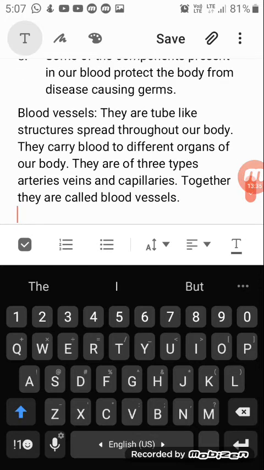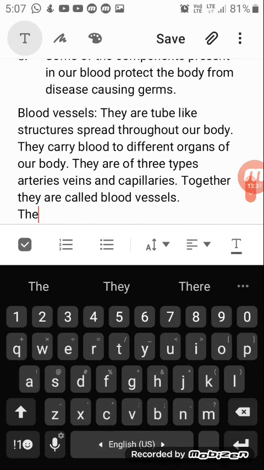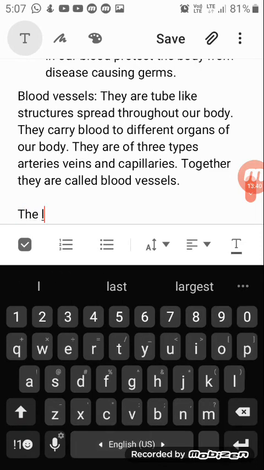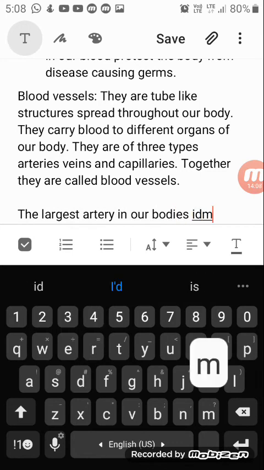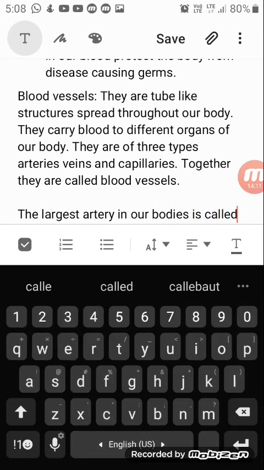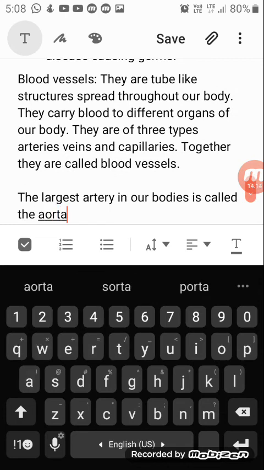The largest artery in our body is called the aorta.